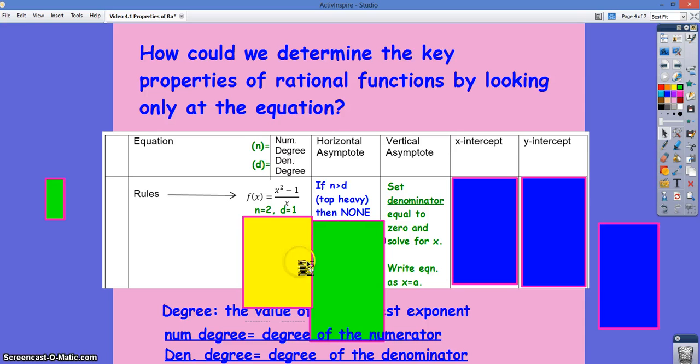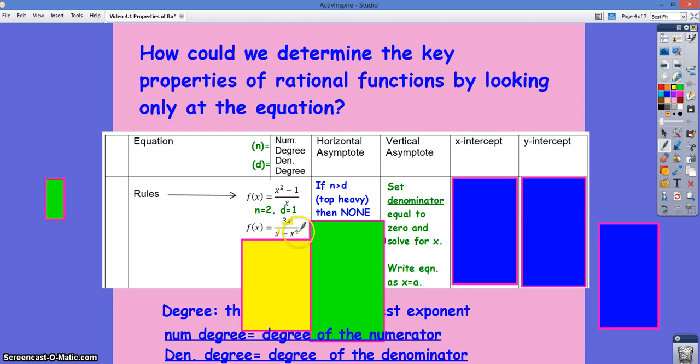The second case that we're going to look at is if the degree on the bottom is higher. Okay, so let's just figure out the degree of the numerator. Well, there's only one term. The degree is the exponent of my x term. So my n in this case equals 1. Now in my denominator, which term am I going to look at? Which has a higher exponent? Well, this x has an exponent of 1.